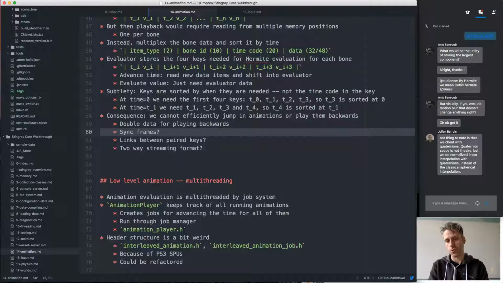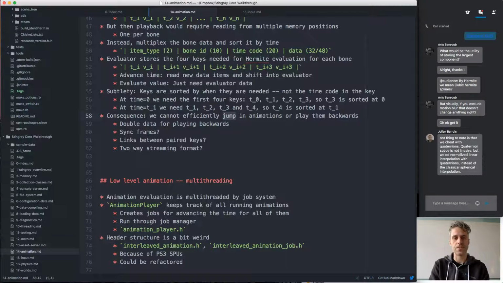Those formats are also limited to playing forward, but you have sync points like every, I don't know, 5 seconds or something, where you store all the data that are needed at that point in time. So if you need to jump forward, you can jump to one of those sync points and then continue to play forward from that point. That deals well with jumping. You can just introduce sync points as often as you need them and then jump to one of those and continue playing from that point.